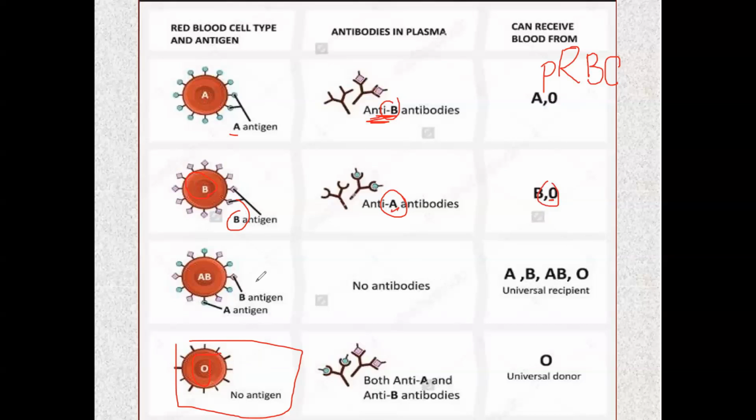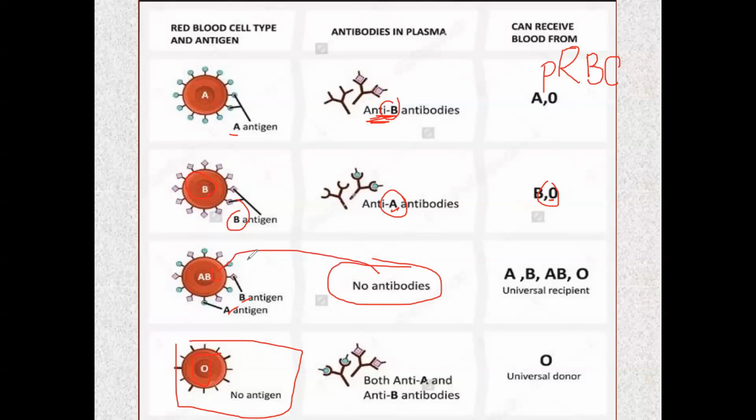Whereas, pag ang patient natin merong both A antigen and B antigen, wala siyang antibodies against anti-B and A. Okay, wala siyang antibodies na present. Bakit? Kasi class, kung lalagyan mo yan ng anti-B at anti-A, edi magbabind yan sa kanyang sarili and it will cause transfusion reaction. Okay?